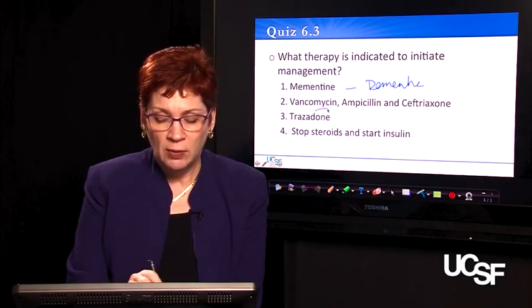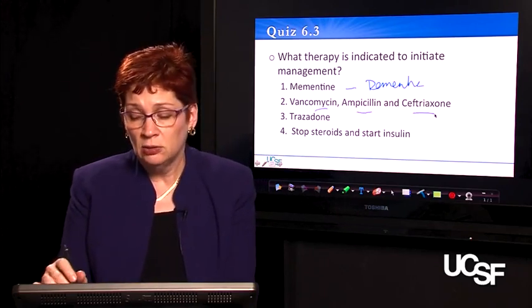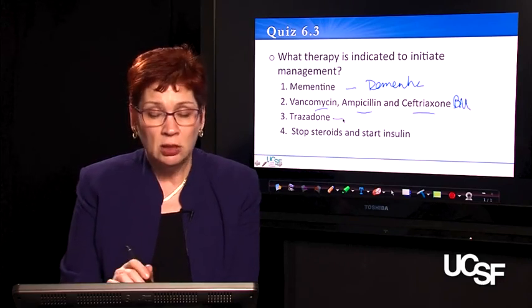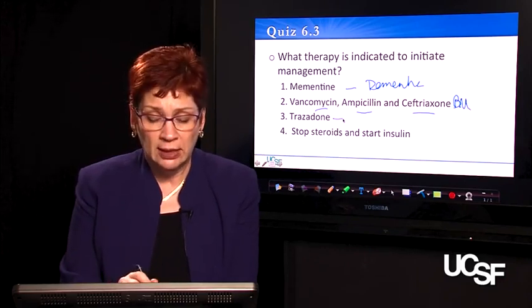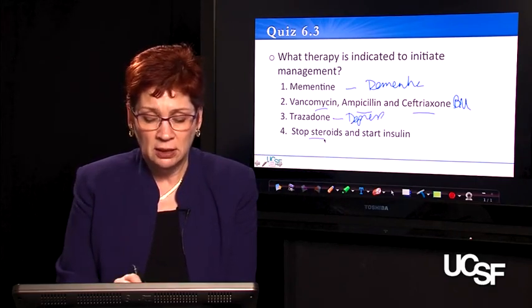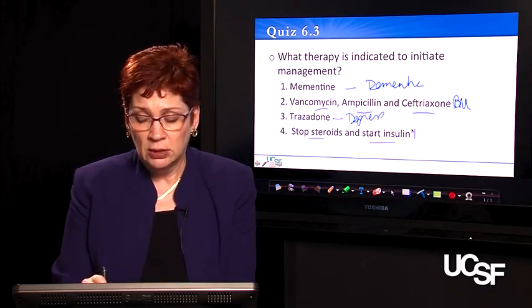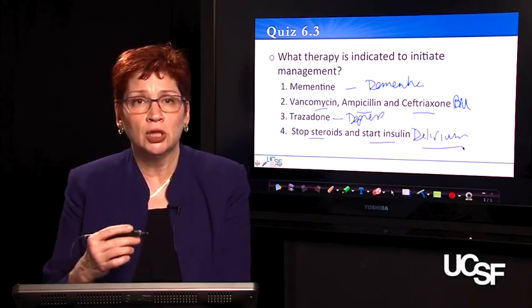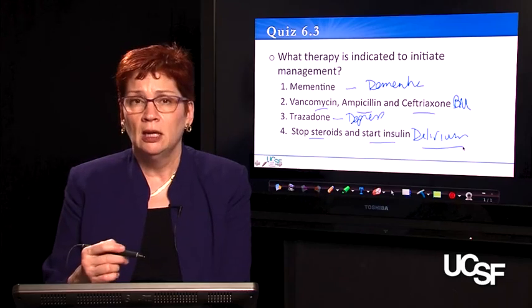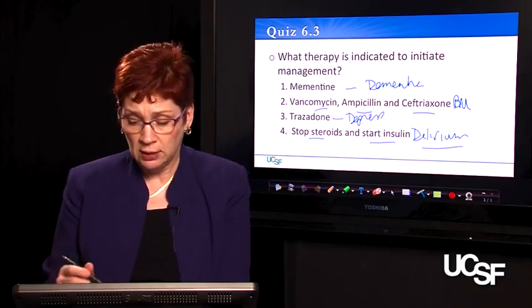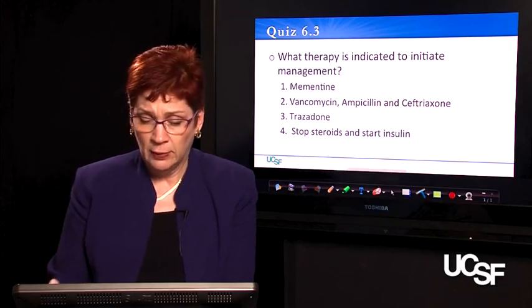If you chose vancomycin, ampicillin, and ceftriaxone, you'd say it's bacterial meningitis in the elderly. If you chose trazodone, you'd say, well, I thought the most likely diagnosis was depression. And if you chose stop the steroids and start the insulin, you'd say the most likely diagnosis was delirium. So you can see that compare and contrast thinking around what's the right diagnosis is really critical for many of these clinical type questions that you'll face on different exams.